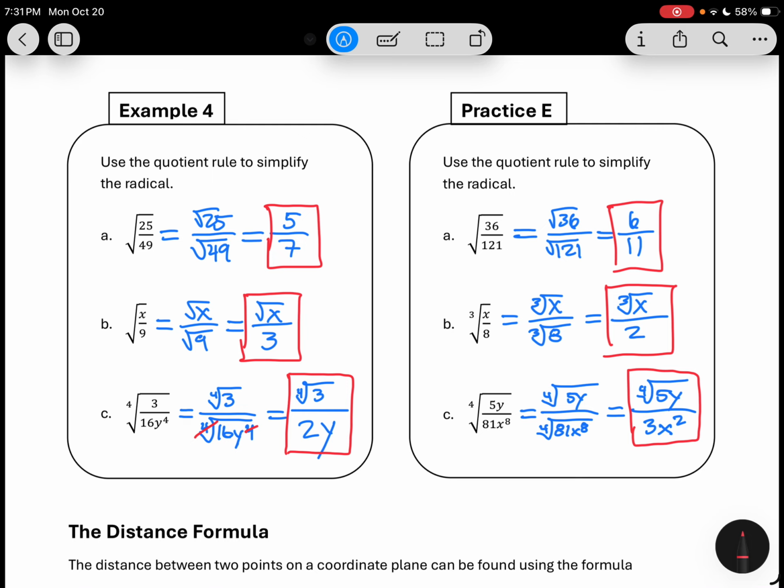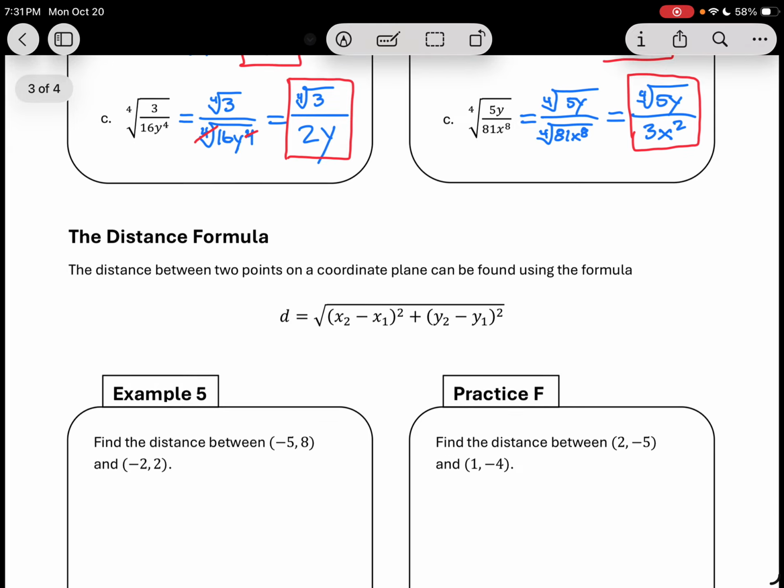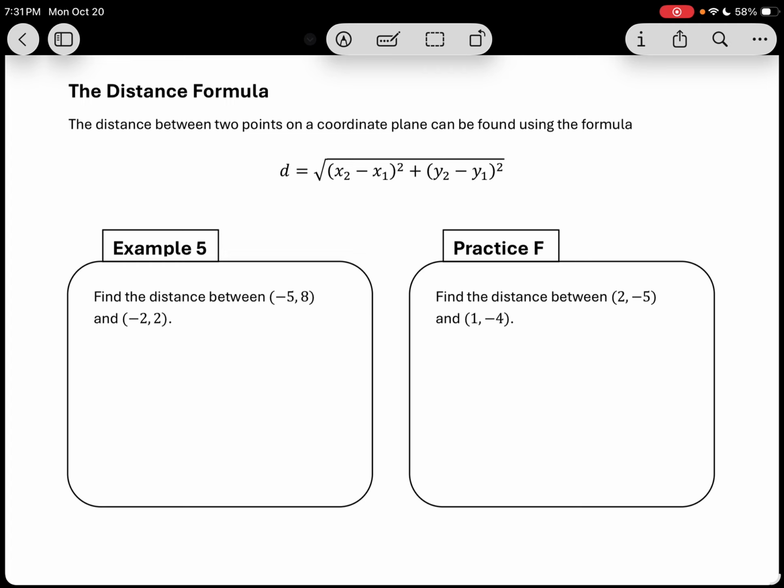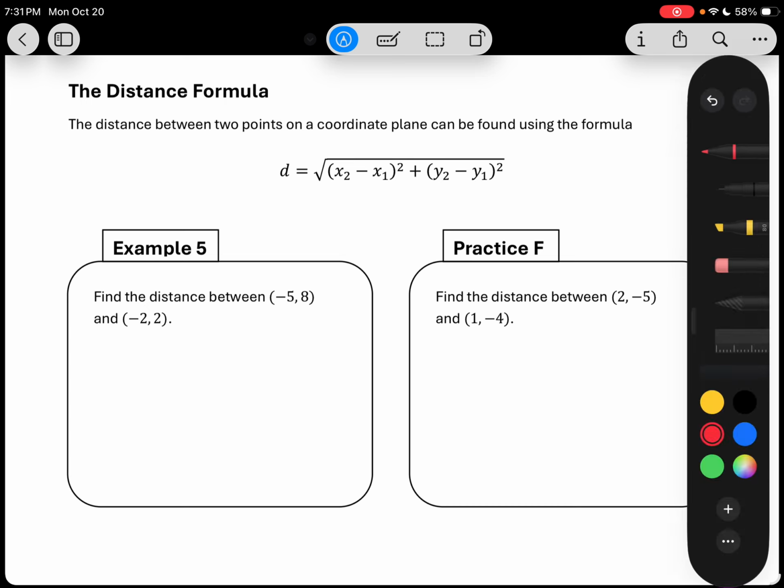Okay, let's go ahead and take a look at the next topic, which is the distance formula. So it says the distance between 2 points on a coordinate plane can be found using this formula. So what we're talking about here is if we have an xy axis, and if we have 2 points like right here and right here, because they're at a diagonal, that might be hard to find what the distance is.